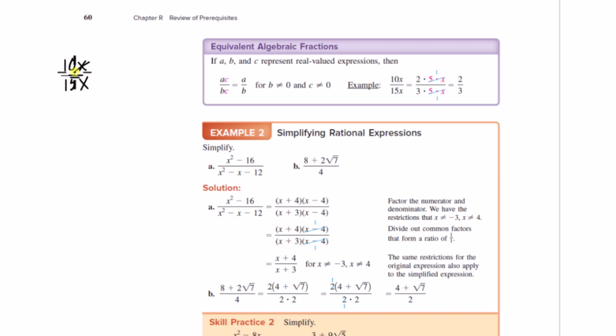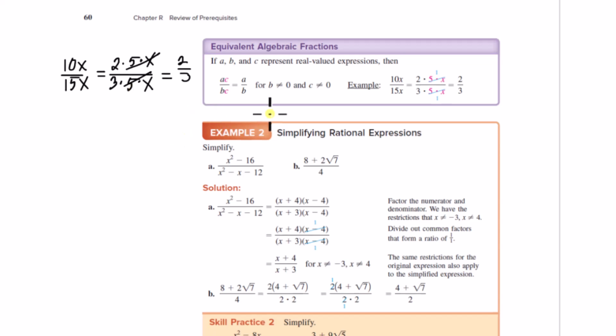We typically just cancel the x. 10 divided by 5 is 2. 15 divided by 5 is 3. But more technically, what we're doing is you've got 2 times 5 times x, and then 3 times 5 times x, and you see we're canceling the common factors.